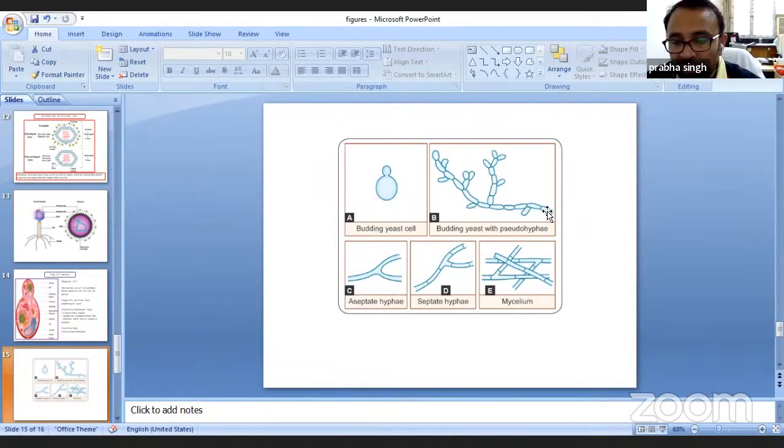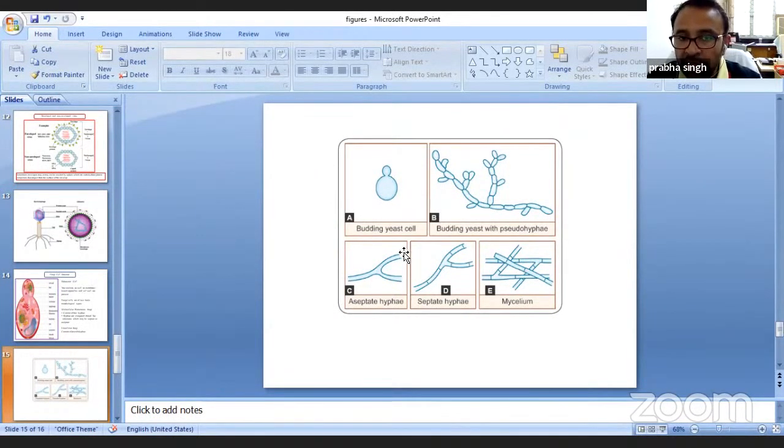So a single yeast cell से आपको इतना सारा ब्रांचिंग होता जा रहा है, इतने सारे नए स्ट्रक्चर बनते जा रहे हैं, बट ये नया स्ट्रक्चर ट्रू हाइफे को रिप्रेजेंट नहीं करता है, ठीक है। वेल, हाइफे के सिस्टम में अगर हम बात करें तो we have both septate hyphae as well as aseptate hyphae.